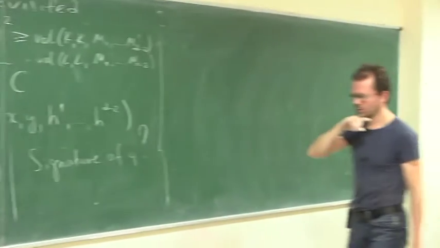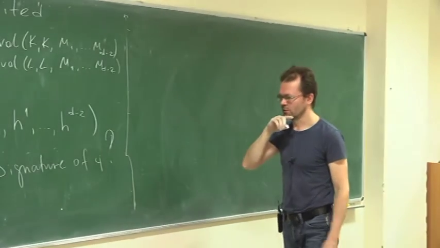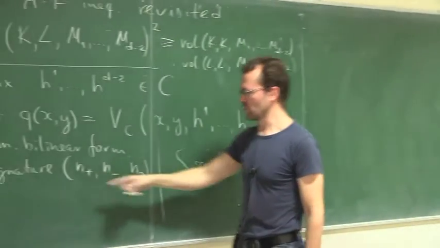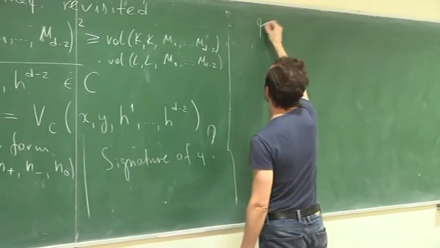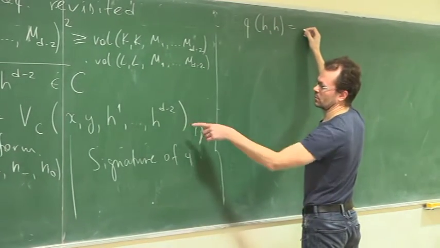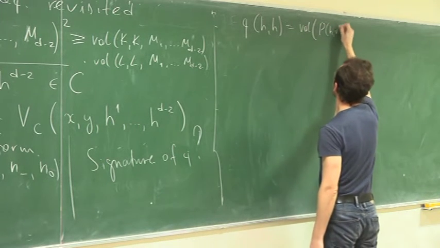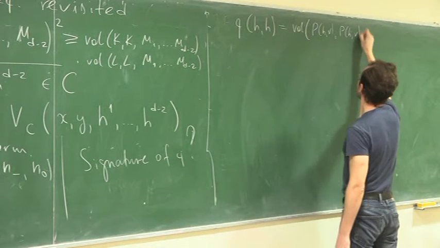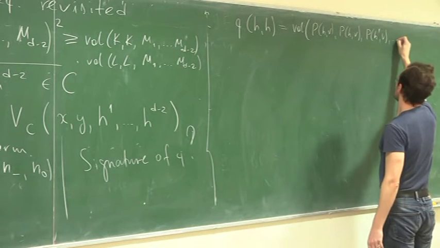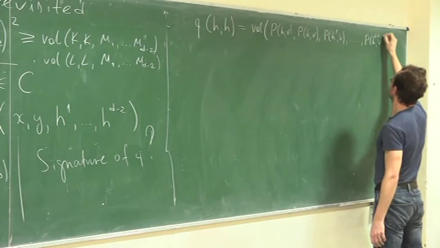It should also be mentioned that there is at least one positive direction, because Q of H is equal to the mixed volume of P(H,V), P(H,V), then P(H_1,V), up to P(H_{d-2},V).